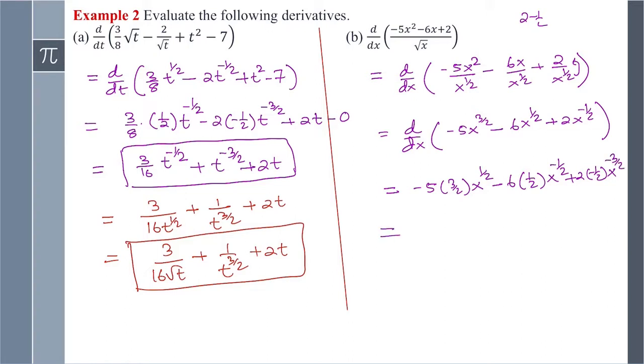So that equals, so this one, the first one becomes negative 15 over 2. So we can write that as square root of x minus, this is 3 over x to the 1 half, which we can write as square root of x, minus this is 1 over x to the 3 half, because we have a negative exponent, so we'll make it positive. And then we'll just leave it here.